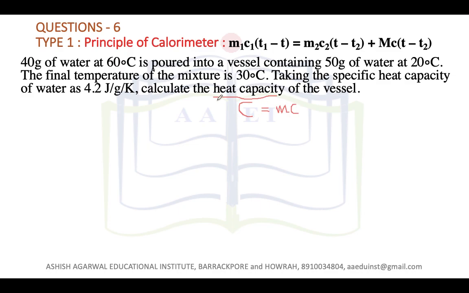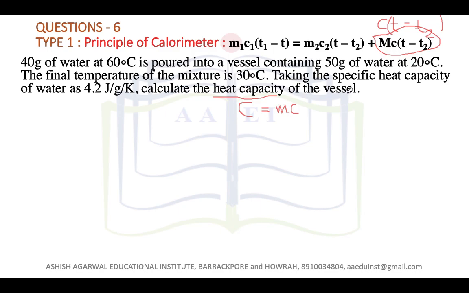They want us to calculate the capital C, so on this right hand side, instead of mass into small c, we can write capital C, and then in bracket we write T minus T2.